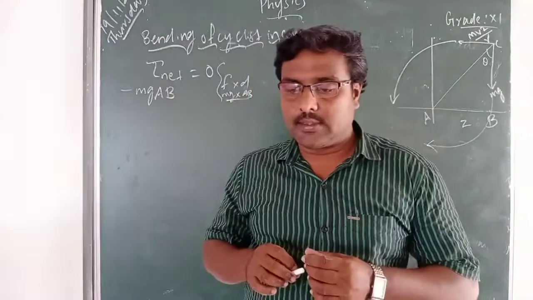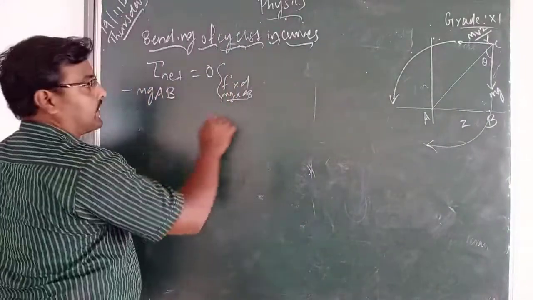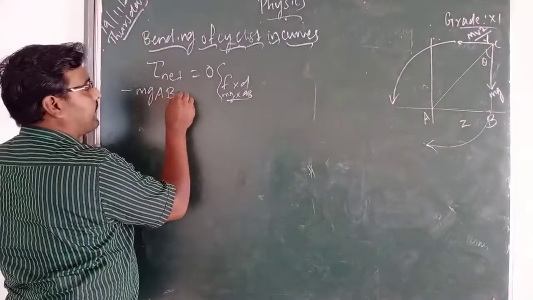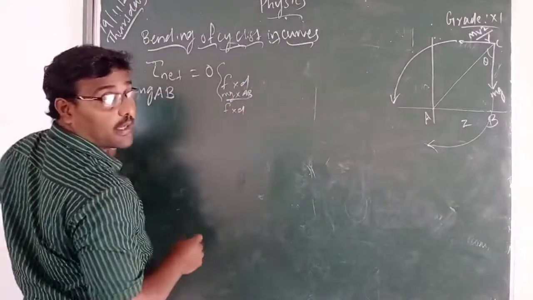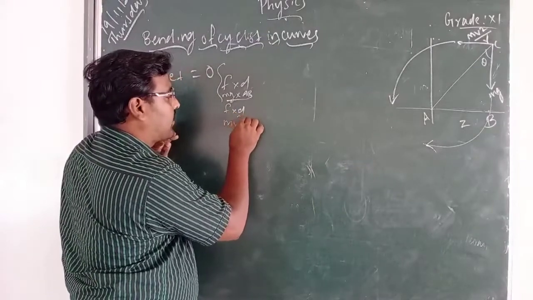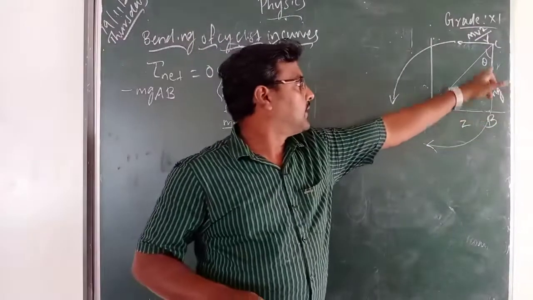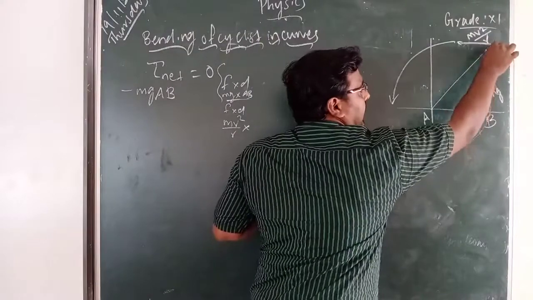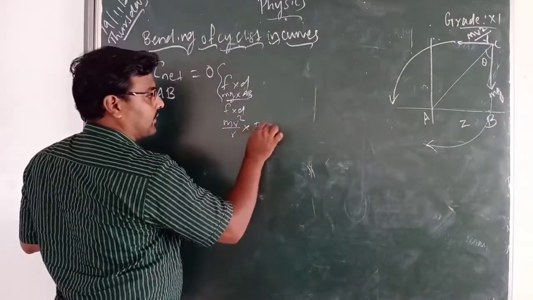So you write mv square by r BC. The force is mv square by r, and the distance is BC.